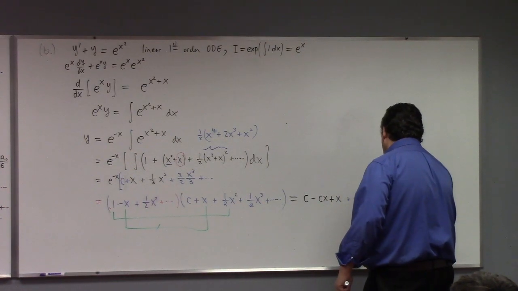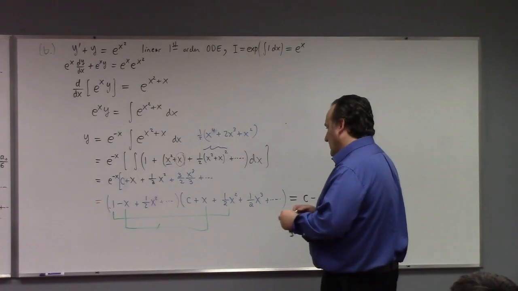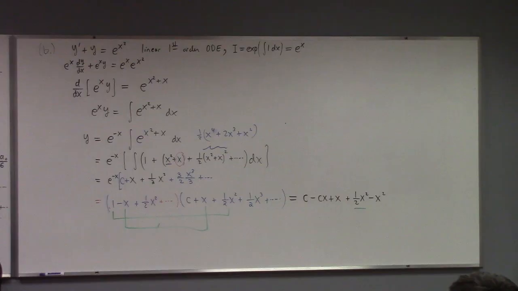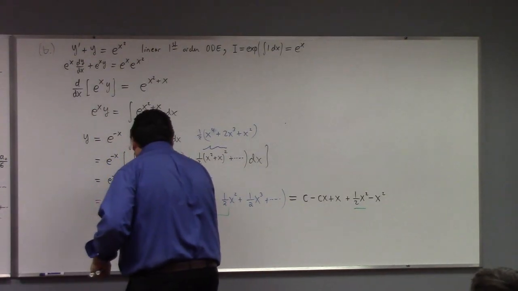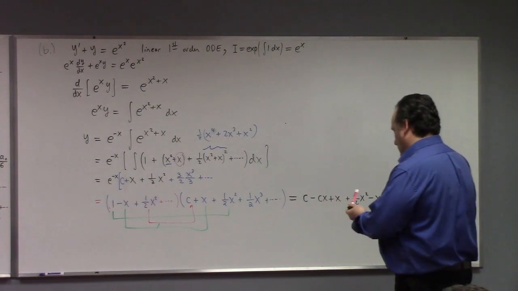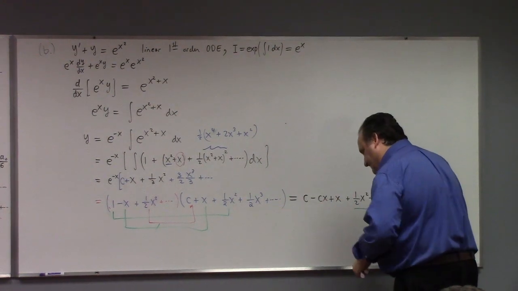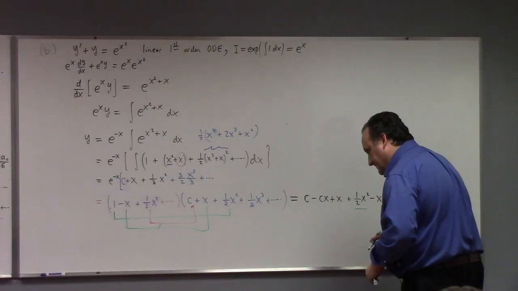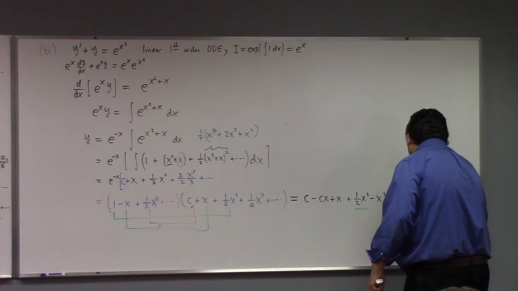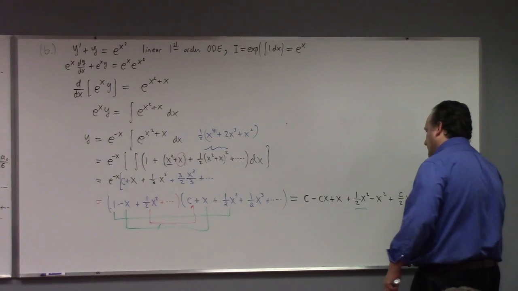Yeah, minus x squared. Then we've got just one more, right? This one here. So we get plus, I've lost the plot, c plus c over 2 x squared. That's it to quadratic order, right?